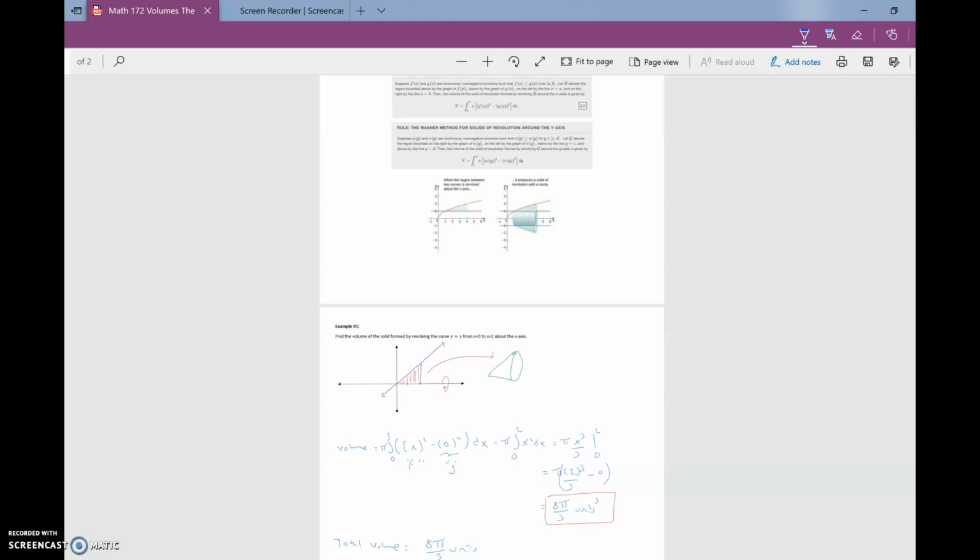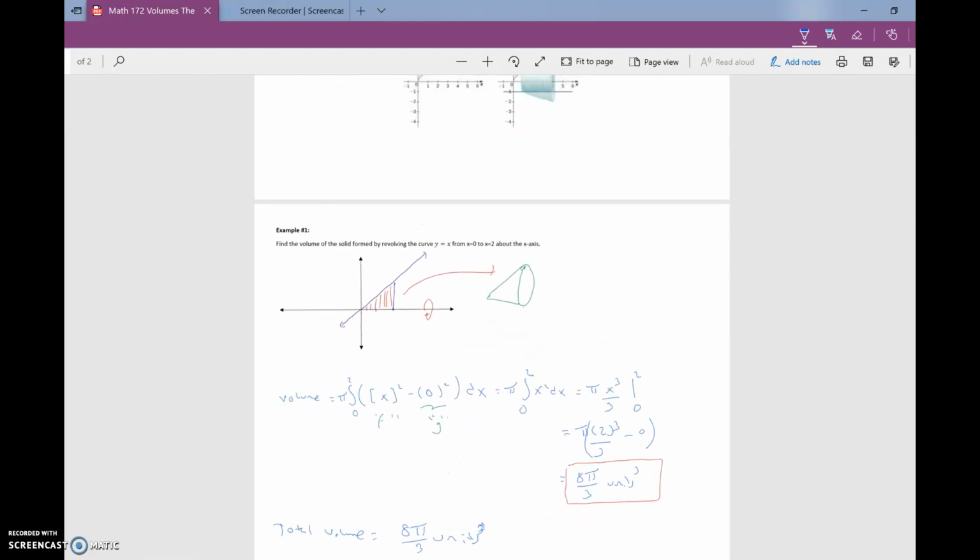Okay, let me fix the units. Sorry, you guys, I'm right at the edge. So units to the third. I cannot fix that 3. I think it's the angle. Okay, so that's going to be our final answer for this one.